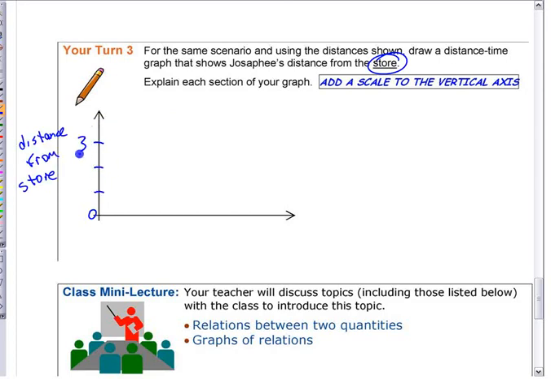I'll put 3 there. And then time, you can put time on there, but basically, at the beginning she starts at 1, and she gets closer to the store pretty slowly. She stays at the store for a little bit. Then she gets farther from the store, but she goes faster than before. She stays at her friend's house for a while, probably longer than 10 minutes, but we'll do that. And then she gets home, all the way home pretty quickly. Okay?